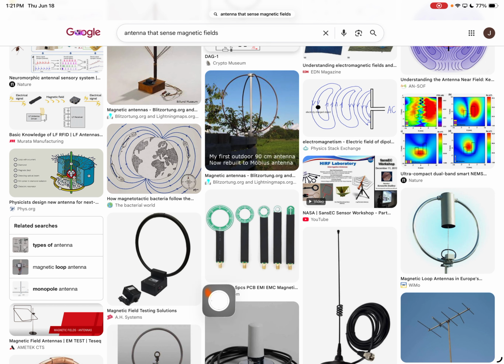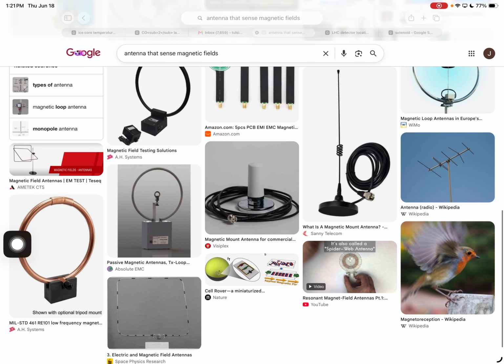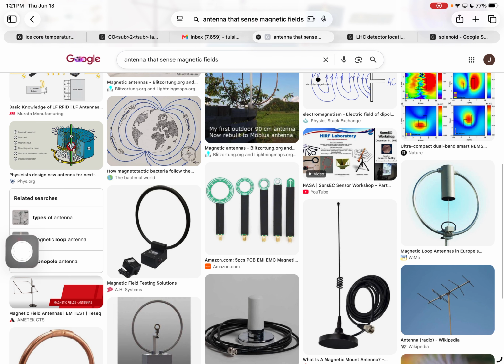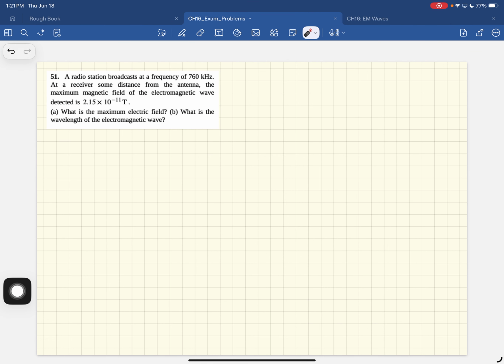All right, so R100 over R75 equal to the square root of P100 over P75.